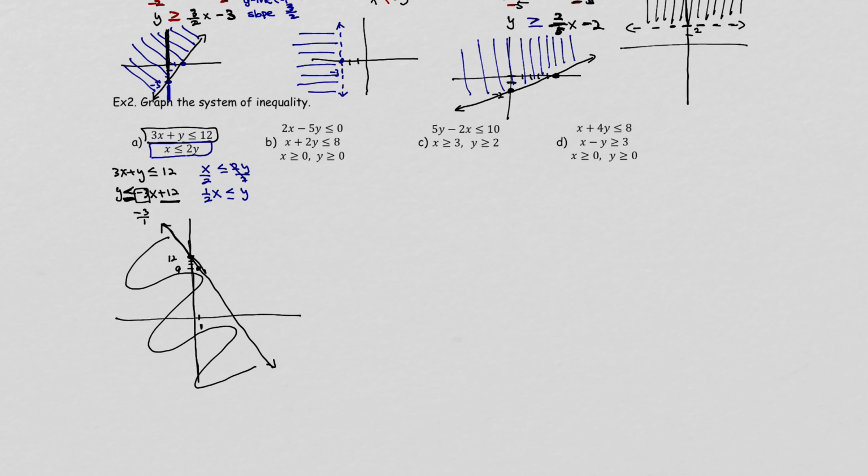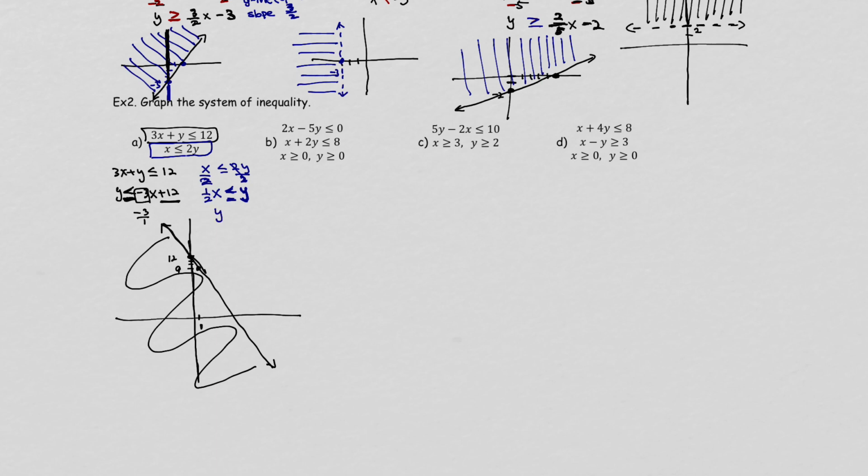You didn't change the inequality because you did not divide by a negative number. It was positive 2, so your inequality stayed the same. So this way you're going to read it from y: y is greater than or equal to 1/2 x.